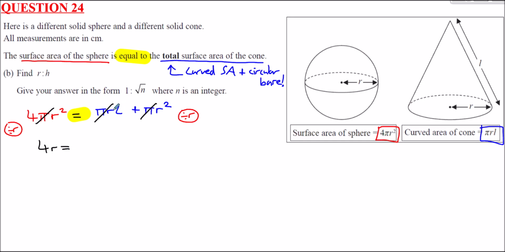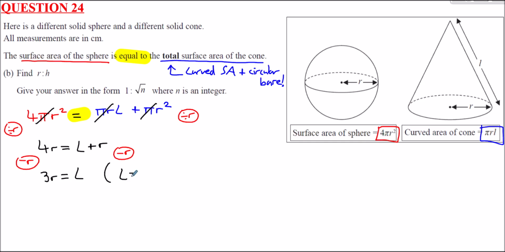That leaves me just with L, and r squared divided by r leaves me with r. So 4r equals L plus r. If I now treat this as an equation and subtract r from both sides, I see that 3r equals L.